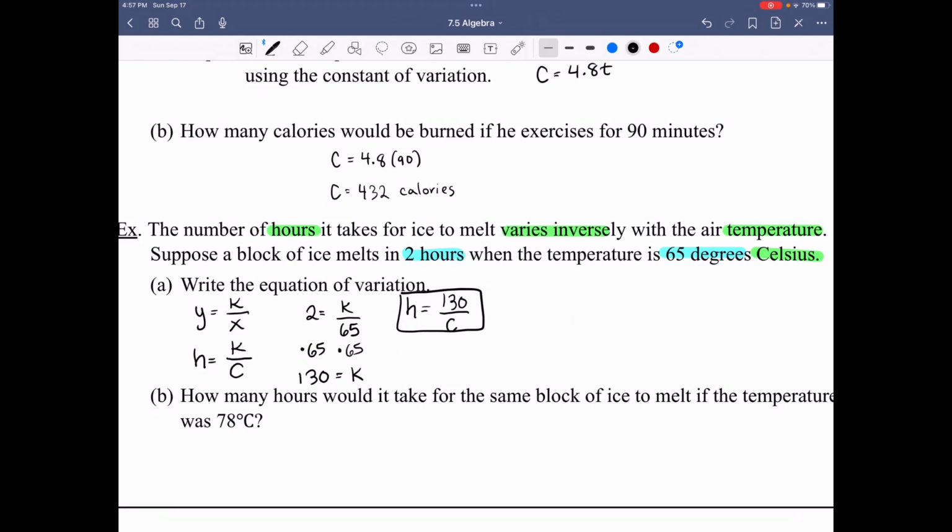So in your groups, you should have gotten, when you divided these, that the hours is equal to 1.667, or it's repeating, right? The 6 is repeating, hours. And that makes sense because the temperature is warmer. It's 78 degrees versus 65 degrees. So it's going to take less time for the ice to melt.